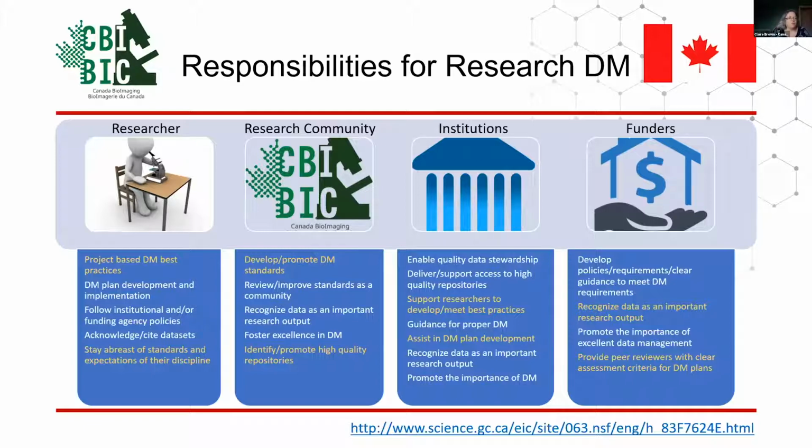Institutions need to support the researchers so they can meet these best practices and develop them as needed, and assist them in developing data management plans for their research programs. And funders need to recognize that data is important for research output and bring that recognition to the community, and provide peer reviewers with clear assessment criteria for data management plans.